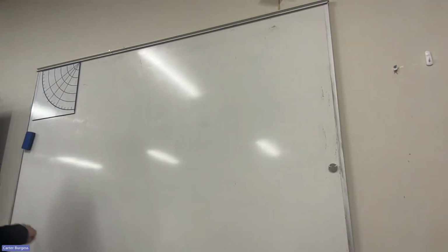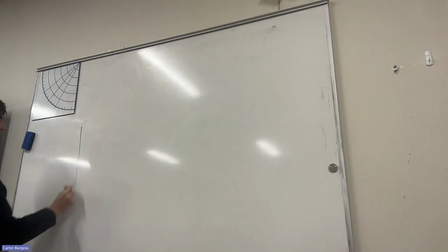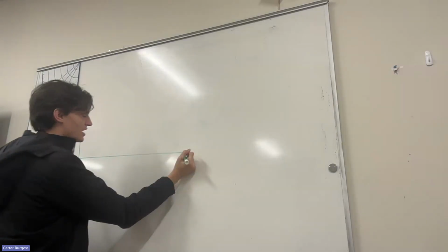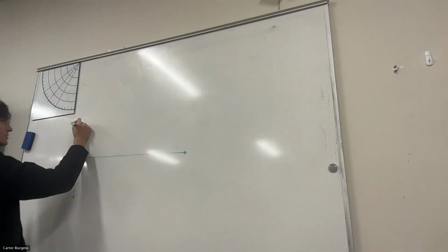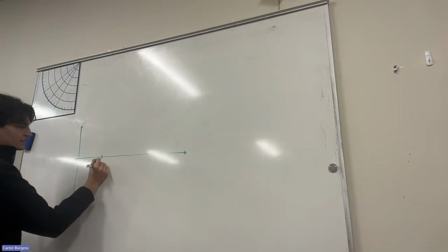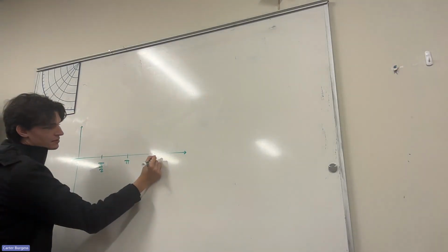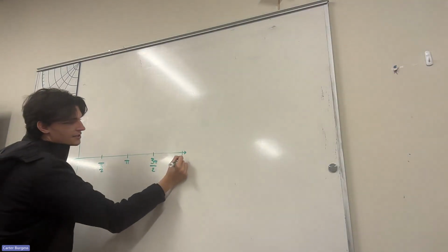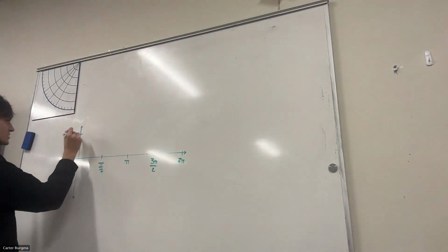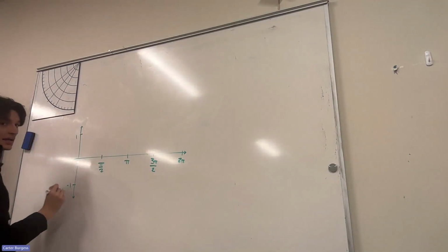Okay, so we said for our secant function here, which was 1 over cosine, pi over 2, pi, 3 pi over 2, and 2 pi, 1 and -1.